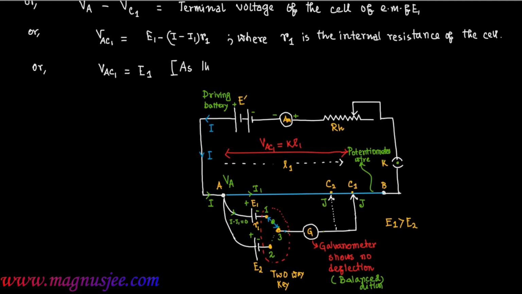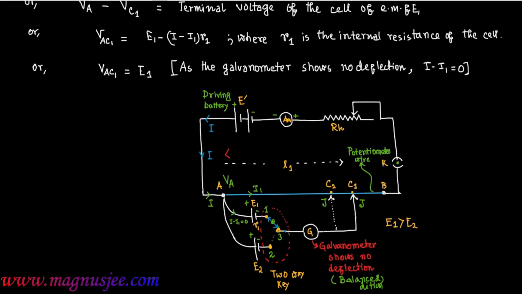And at this balance condition, when the galvanometer shows no deflection, provided the jockey J is pressed with the point C1, I minus I1 will be equal to 0.